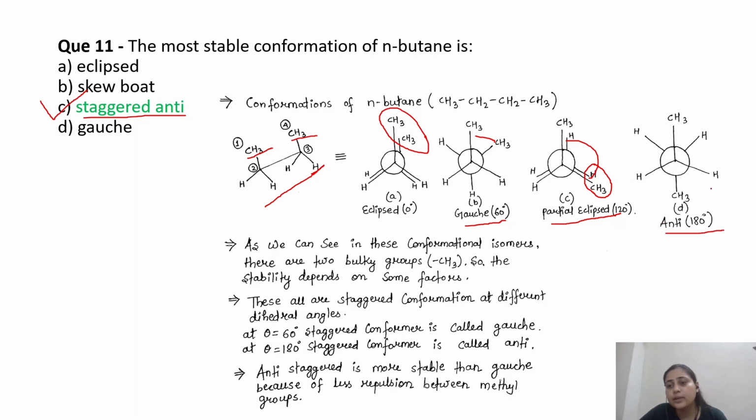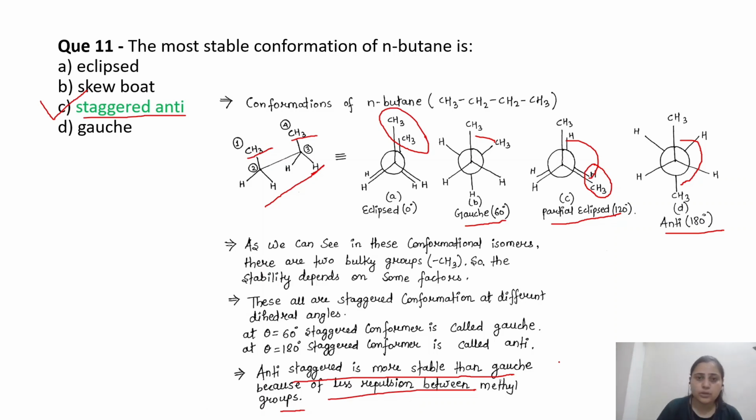In this, a 180-degree rotation is there, like from here CH3 moved here, and they are maximally apart from each other, and there is no H group also, so the repulsion is least. So this staggered anti is the most stable configuration, more stable than gauche because of less repulsion between the methyl groups, so it is the most stable form.